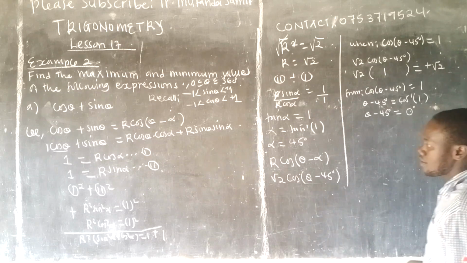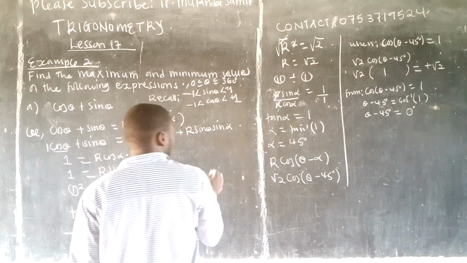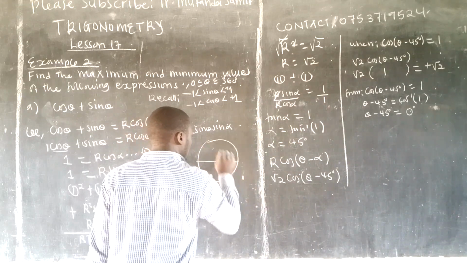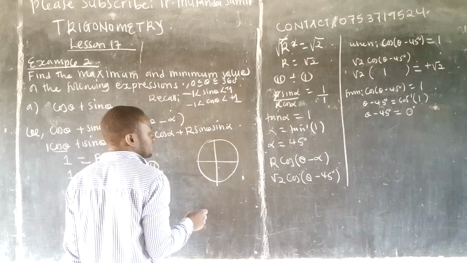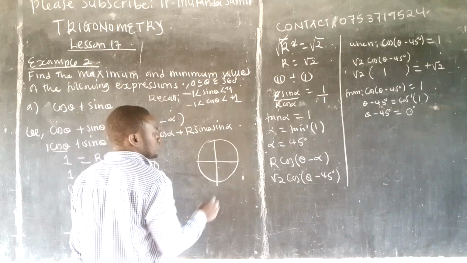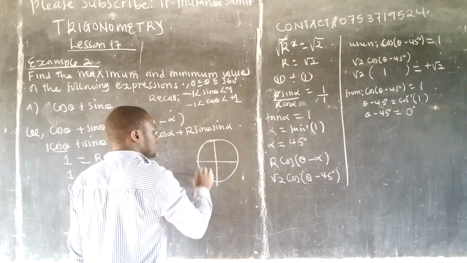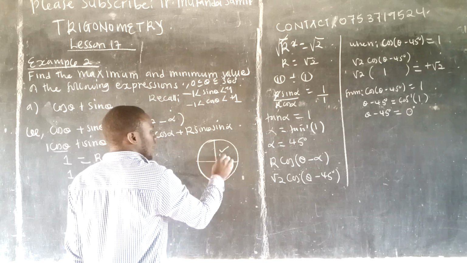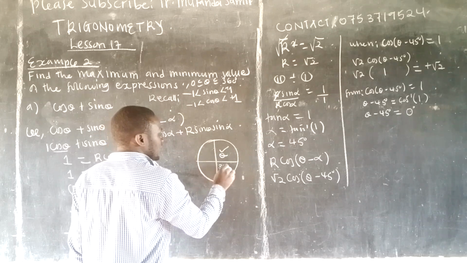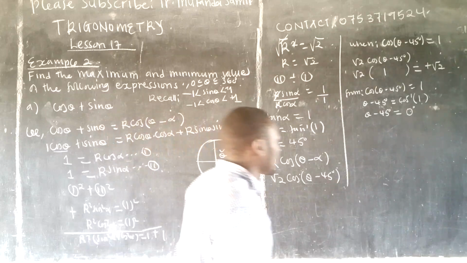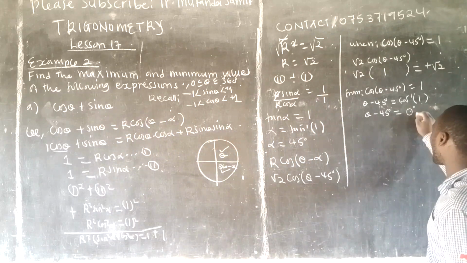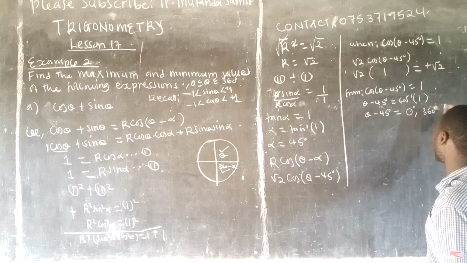From our circles, I'll use this area. Cos is positive in this quadrant and that quadrant, and there I have theta, and here I have 360 minus theta. Now when you put the answers here, they will be 0, comma, and 360, like that.